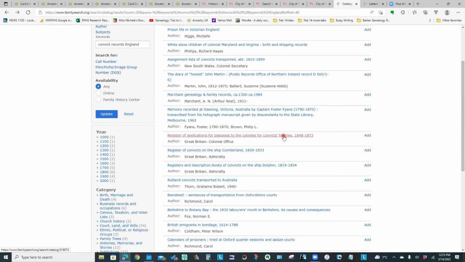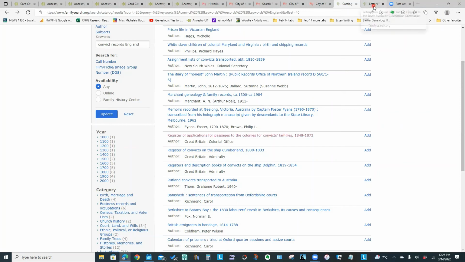So think about it. When these individuals were sentenced to be transported, a lot of them would have families. And this particular film has the applications by those families to be able to also get on the ship and go to Australia or wherever they were being transported so that they would be with the other family member.